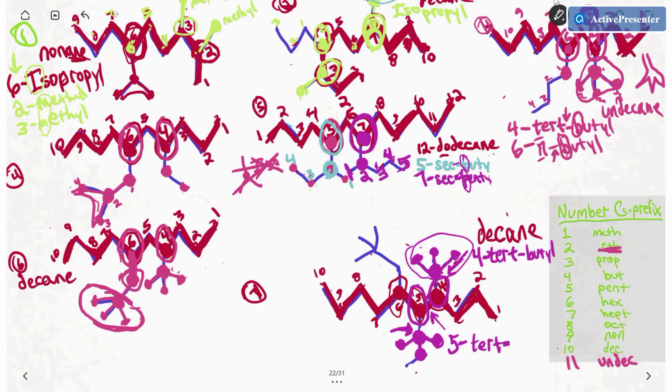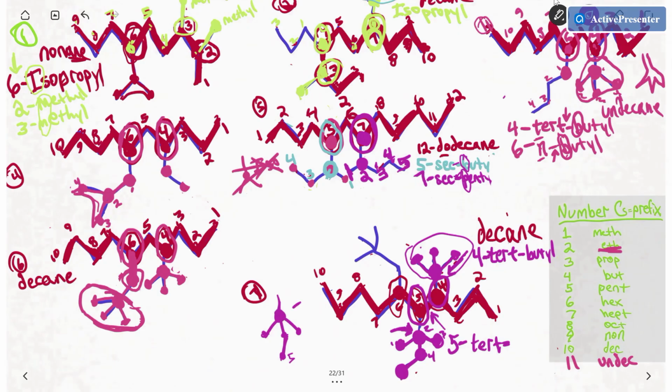But that doesn't mean there's only 4 carbons in this because, see, we got 1, 2, 3, 4. And then we got another one coming out, making this middle chicken finger a lot longer, doubly long. So see, here's our chicken hand, right? Our chicken fingers. And a normal tert-butyl is 1, 2, 3, 4 carbons in the substituent. But we can also have a really long finger coming out there, making that 5 carbons in the substituent.